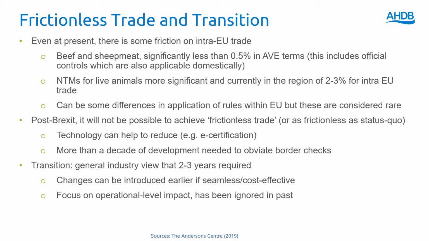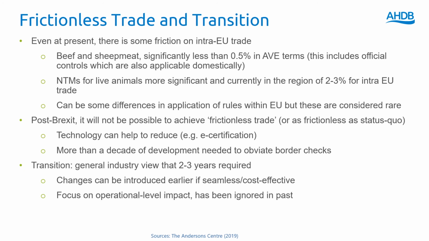And in terms of a transition period and what the industry believes would be required, this is in the context of a Brexit deal. The view is that 2 to 3 years would be needed, particularly looking at the likes of beef, where there are longer production cycles. A longer transition period would be preferred.